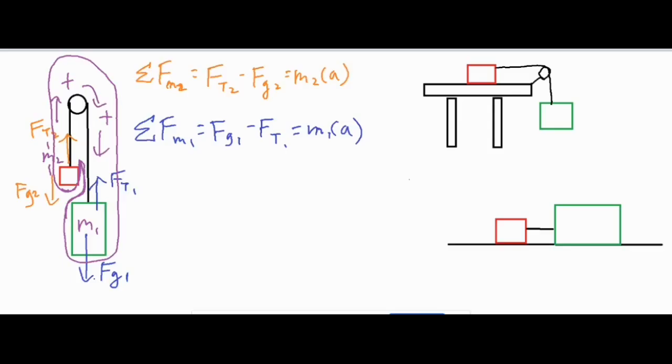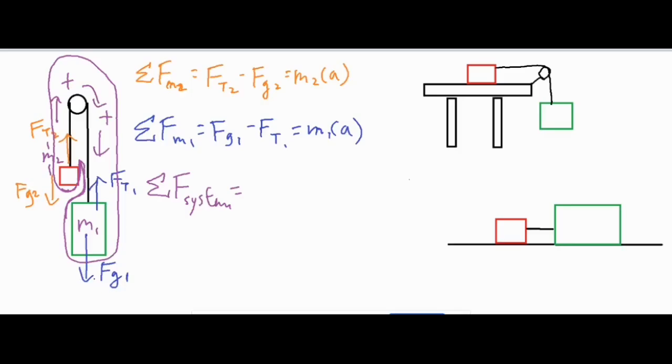So anything that is internal in our system is not going to count for our forces, because there's all kinds of internal forces acting within systems and objects, and those we are not going to concern ourselves with because it's not going to affect the overall acceleration of the system or the object. So the sum of the forces for the whole system is just going to be Fg1.